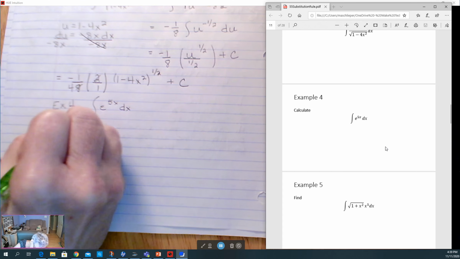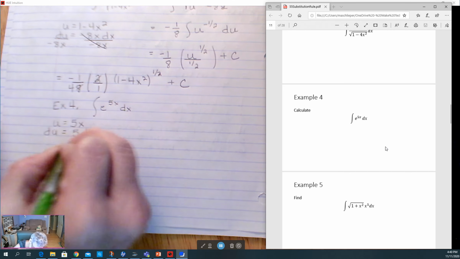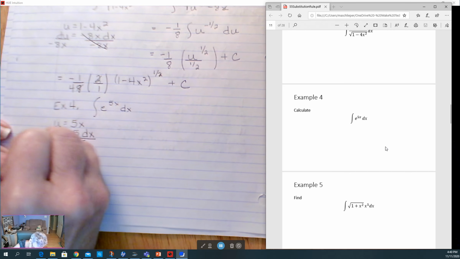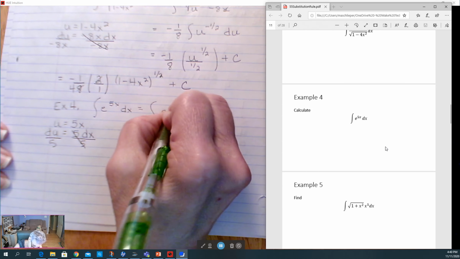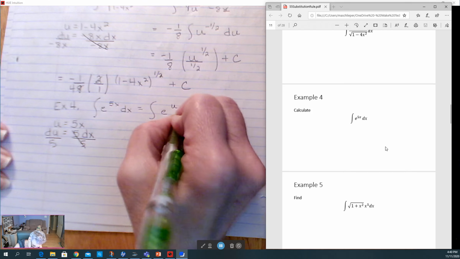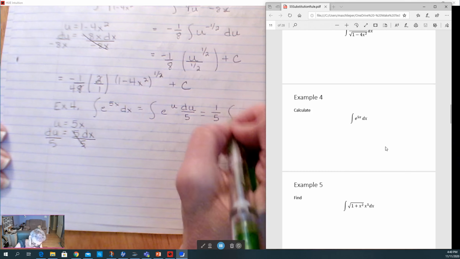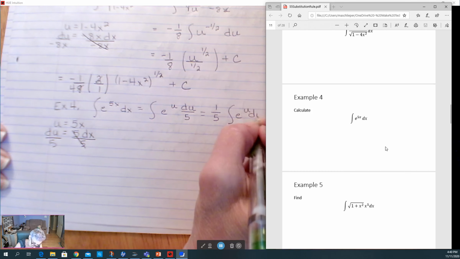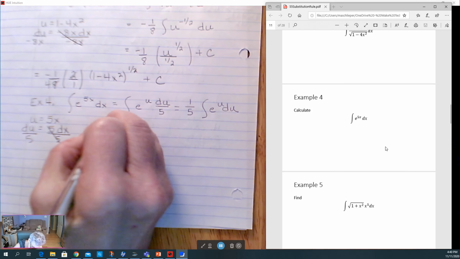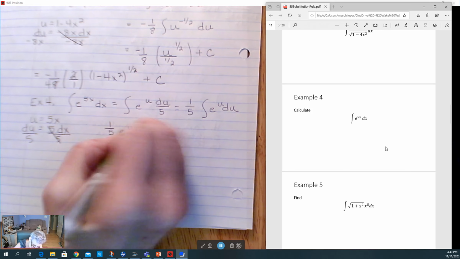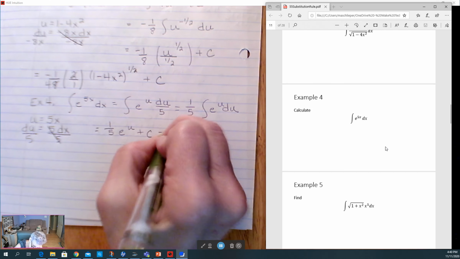U is 5x, du is 5 dx over 5, go away. So I have e to the u, I have du over 5, and antiderivative of e to the u is e to the u, so 1/5 e to the u plus my constant, which I refuse to forget.